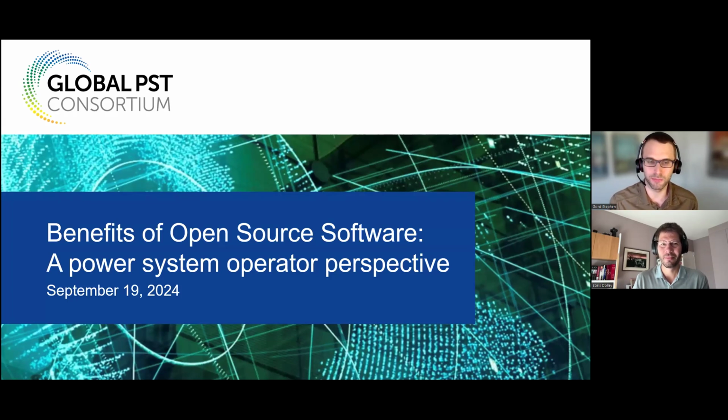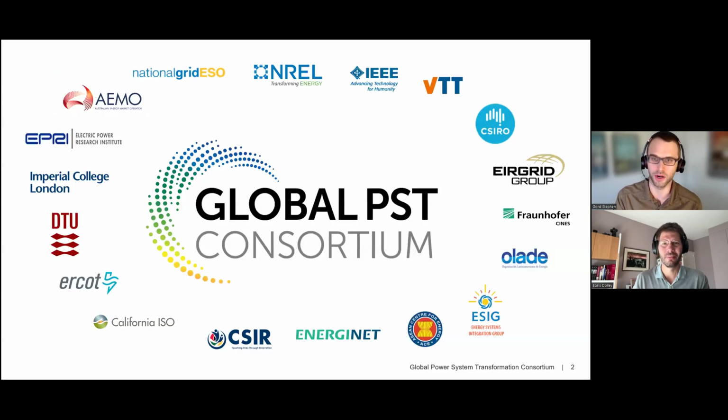I'll give just a brief introduction in case anyone's not already familiar with GPST and who we are and what we do. So GPST, or the Global Power System Transformation Consortium, is an expert and practitioner-driven initiative engaging key power system operators, research and educational institutions, governments, businesses, and stakeholders across the world to accelerate clean energy transitions.